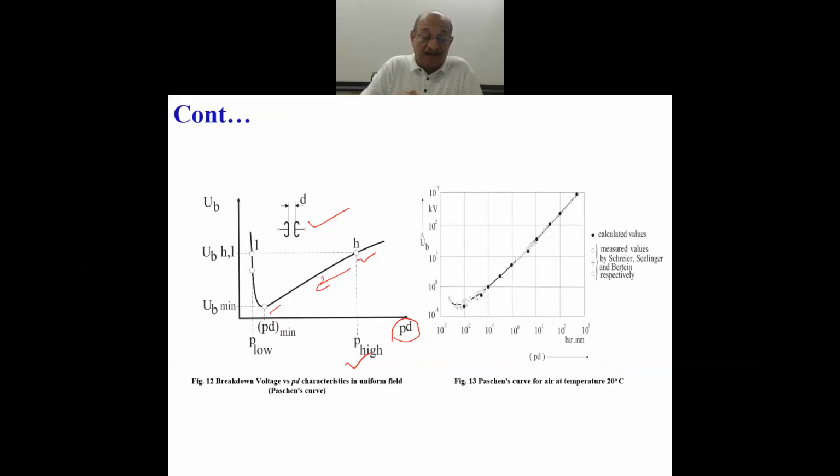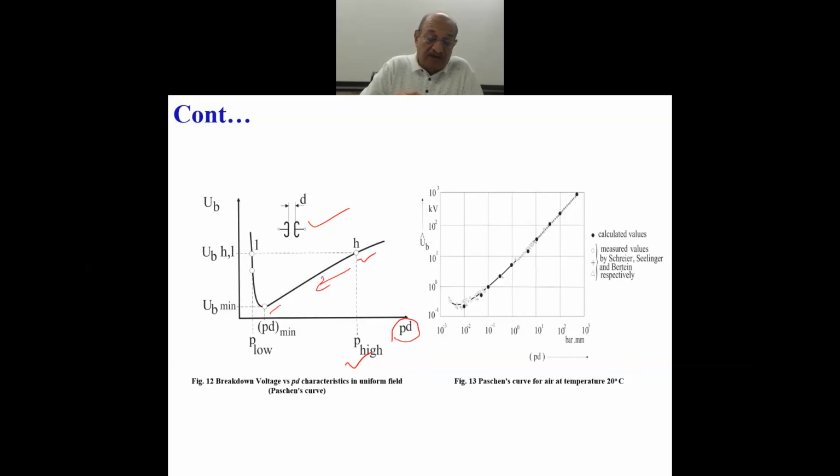And a lower voltage for breakdown is measured because when it makes a lesser number of impact ionizations, there is lesser loss of energy in the gap, and the energy is gained only from the application of the voltage.